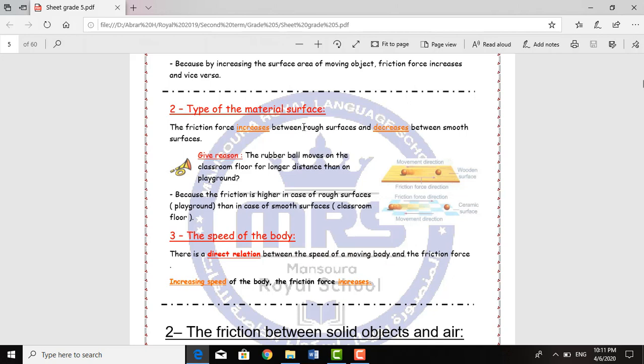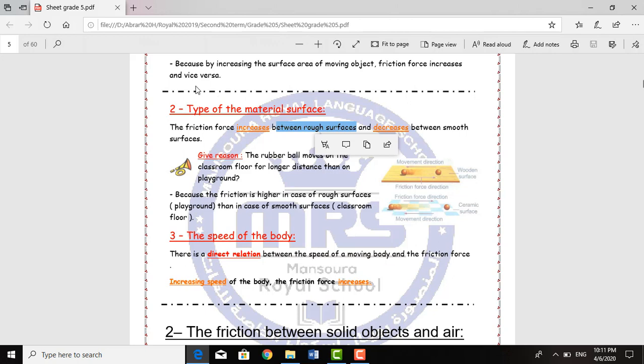If the two surfaces that touch each other are rough, the friction force increases. And if the two surfaces that touch each other are smooth, the friction force decreases. So the friction force increases between rough surfaces and decreases between smooth surfaces.